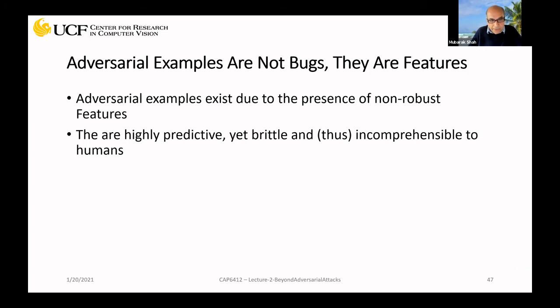That's the first point. And the standard classifiers work pretty well. They give you very high performance, but they are brittle. And the features they rely on are not comprehensible to humans, as you have seen in the examples.